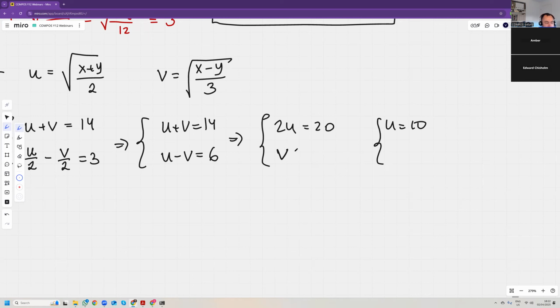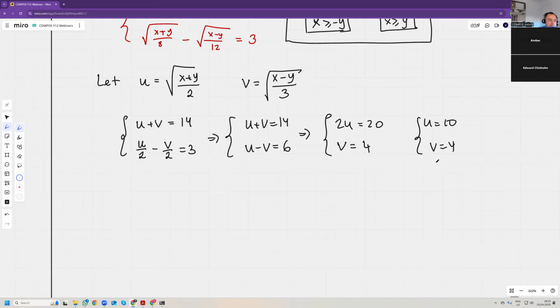u equals 10, and v is 4. Now we go back to our original one. So square root of (x plus y) over 2 is equal to 10, and square root of (x minus y) over 3 equals 4.